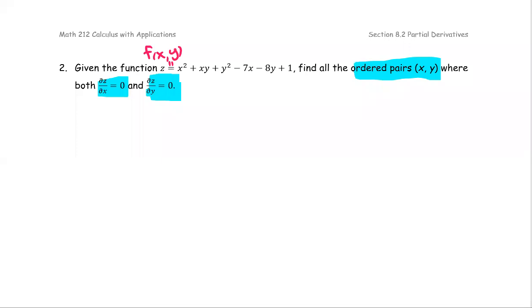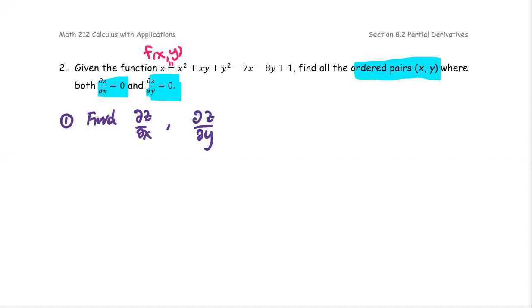Let's get ready. The problem asks you to find the ordered pairs in the form of x comma y that will make the first partial derivative with respect to x and with respect to y equal to 0. First, we're going to find the partial derivative with respect to x and the partial derivative with respect to y.